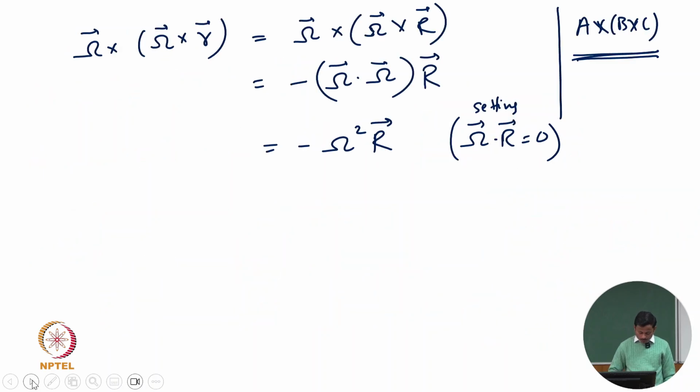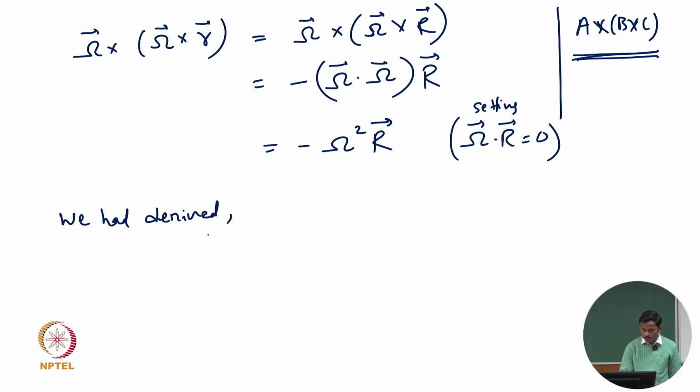Now previously we had derived the momentum equation. So if you recall, we had derived the momentum equations, and in the index notation we had written it down as something like this.